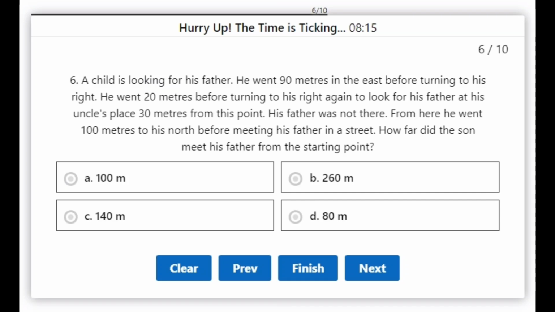From here, he went 100 meters to the north before meeting his father in a street. How far from the starting point did the son meet his father? The options are A, 100 meters, B, 260 meters, C, 140 meters, and D, 80 meters.